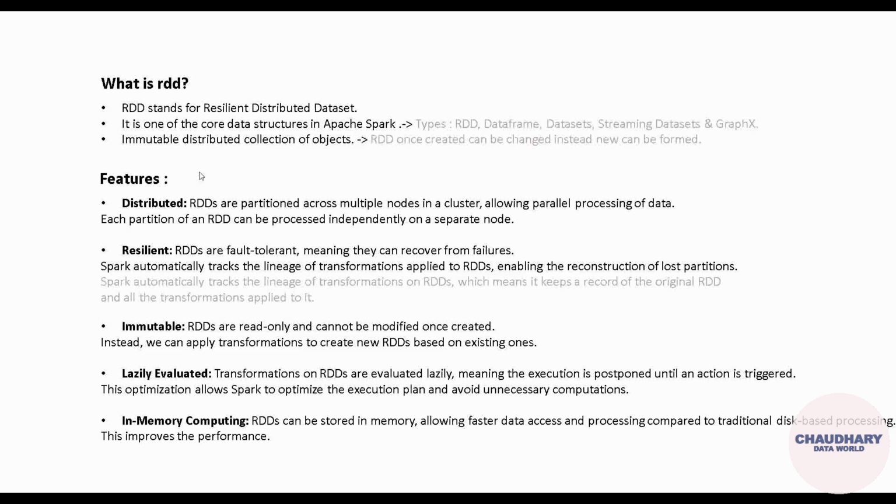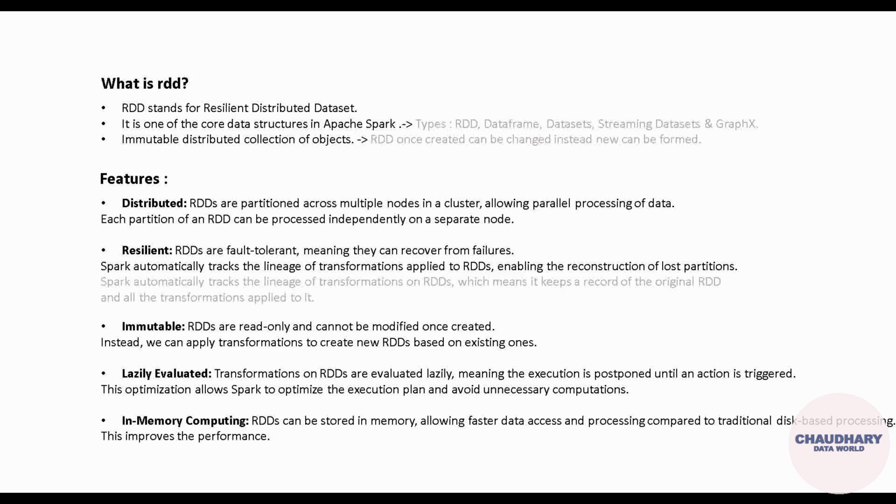Moving to the features, the first one is that it is distributed, and here distributed means an RDD is partitioned across multiple nodes in a cluster. Of course, suppose you are having a dataset, then subsets of that particular dataset will be divided across all of the nodes in a cluster.